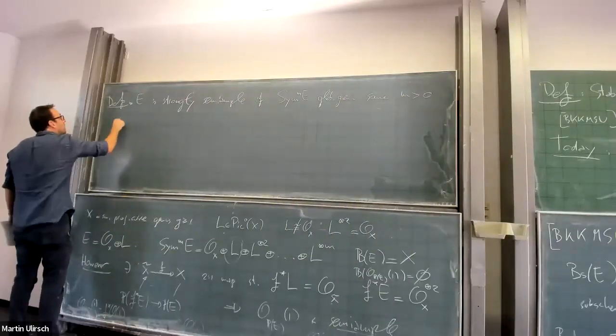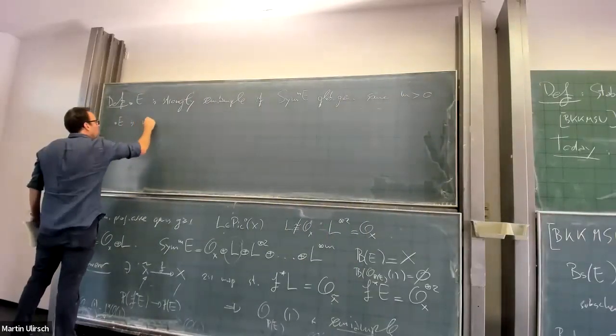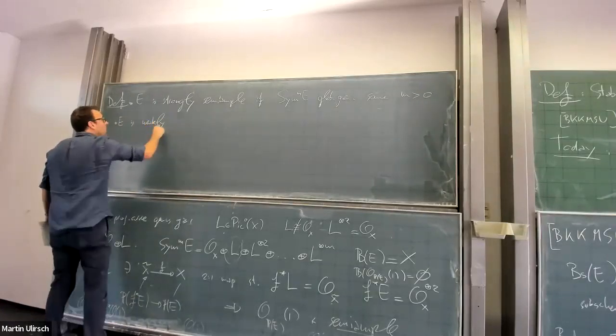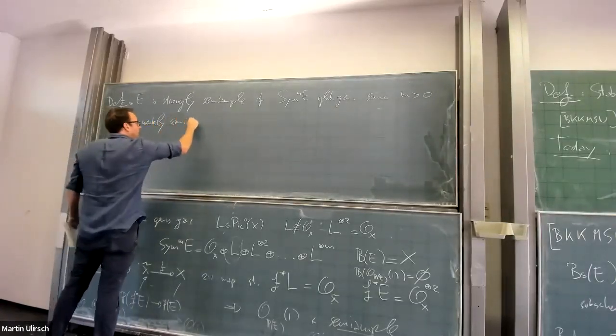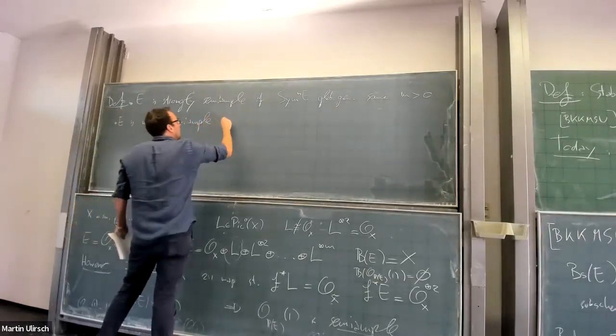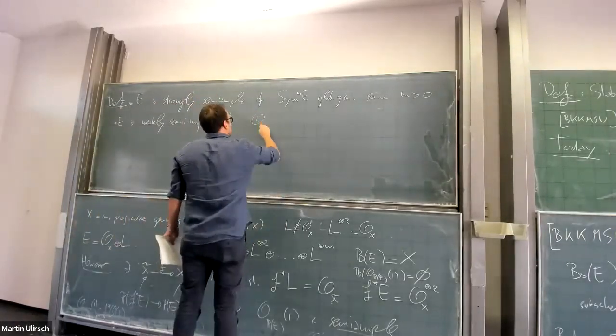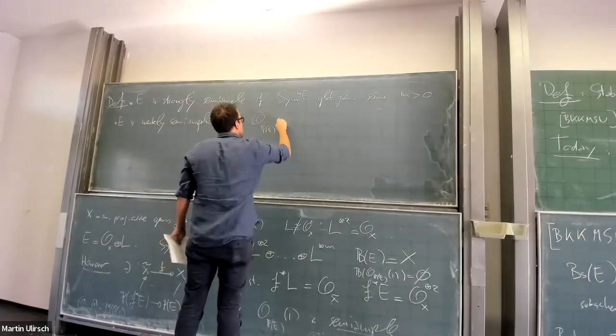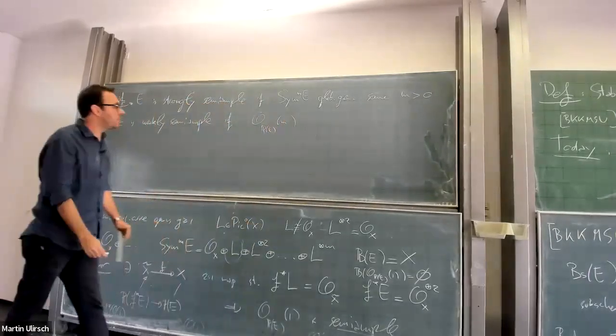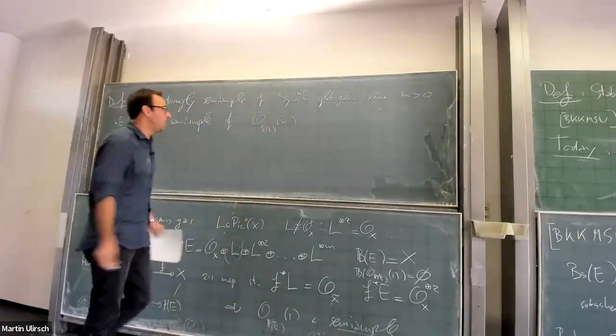And we will say that E is weakly semiample if O_P(E)(n) is generated by global sections.